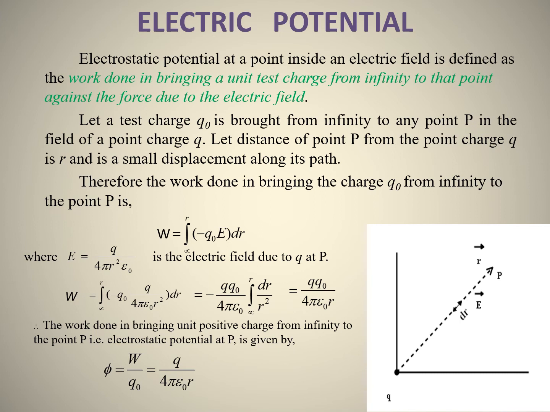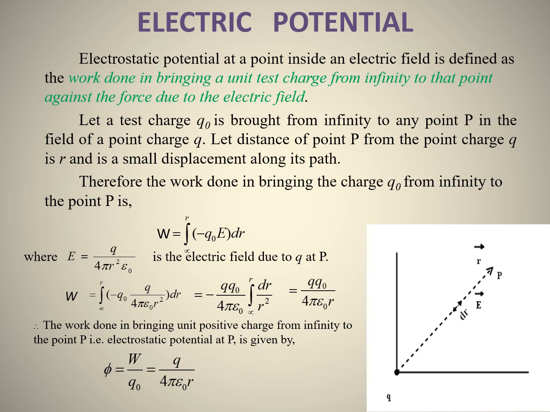And let us suppose that we have a test charge Q0 placed at infinity. Now since Q and Q0 both are positive, there will be an electrostatic force of repulsion between them. If we try to bring Q0 from infinity towards the charge Q, then we have to do some work against the electrostatic force of repulsion.